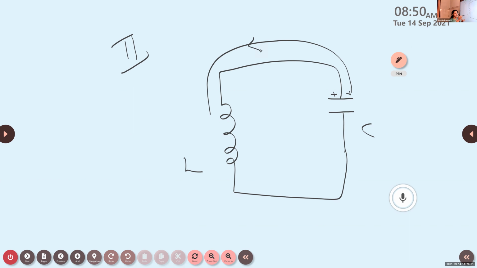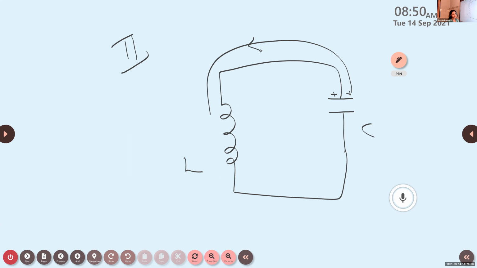And then what happens whenever the charge enters this inductor? The inductor is nothing but a coil. What happens? The magnetic flux associated with the coil changes, and the current starts to flow through this inductor, and it attains a maximum energy.